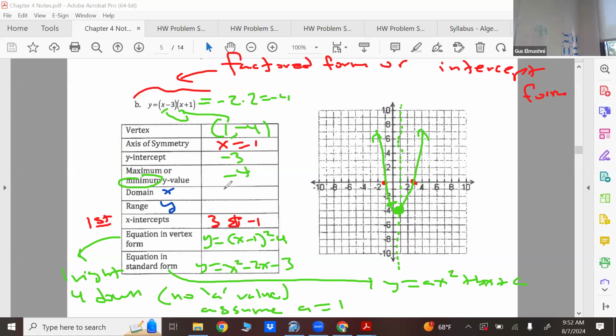Do I have a fraction where I have 0 on the bottom? No, right? Look at the graph. X can be whatever you want it to be. So it's all real numbers. But look at y. What's the lowest y value here? -4. You're going above. All's good?